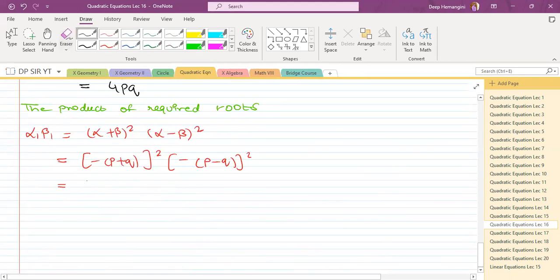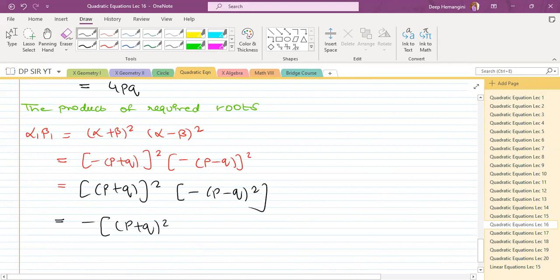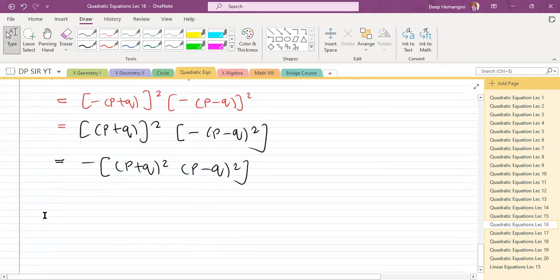I will write the third step without skipping. So here will come p plus q the whole square, and here it would be minus p minus q the square. Therefore, now take the minus sign outside. Here it's going to be p plus q square and p minus q square in one bracket. Now minus, since you have taken minus outside, this last part is very tedious.